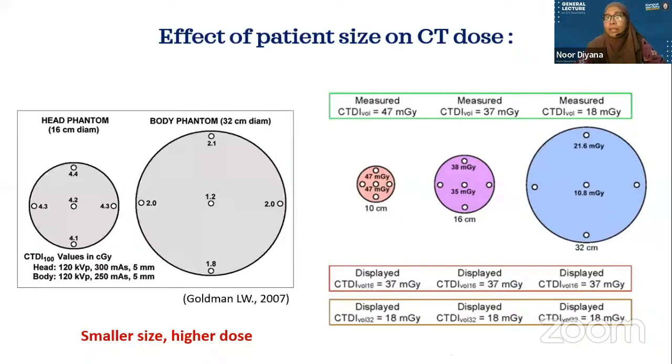So we know pediatric is the most vulnerable population, so we should try to use low dose techniques for pediatric. So SSDE is also important to determine the accurate dose for the patient.